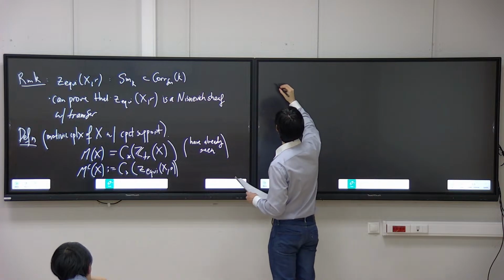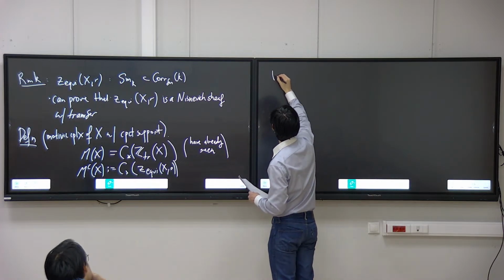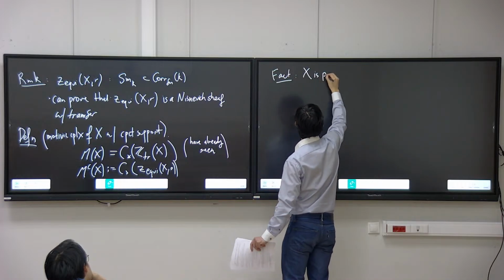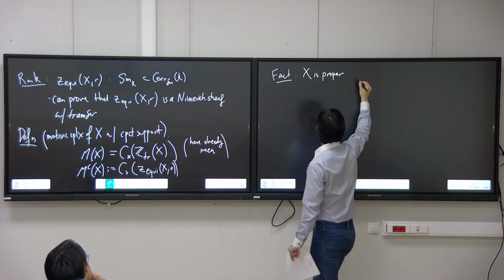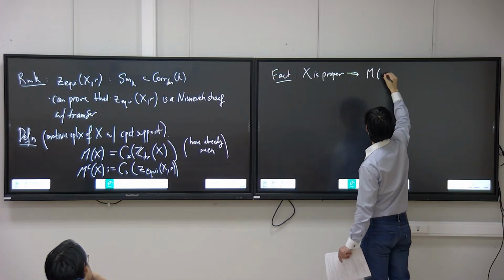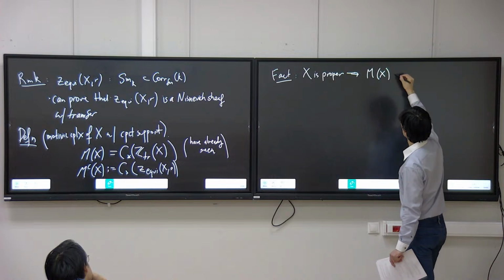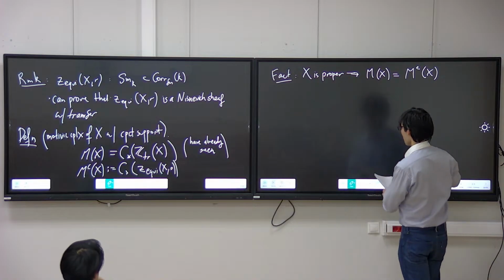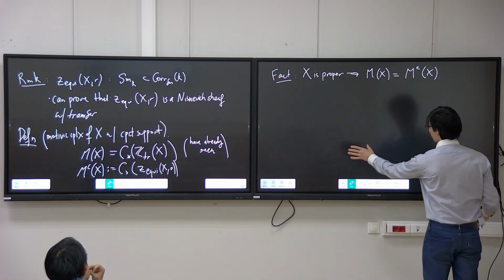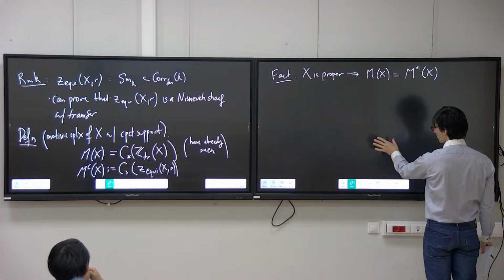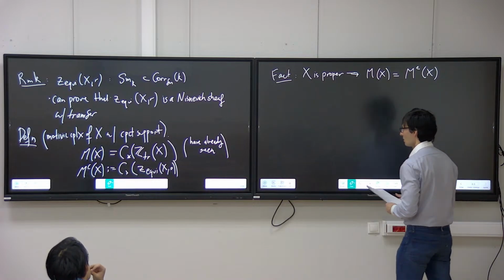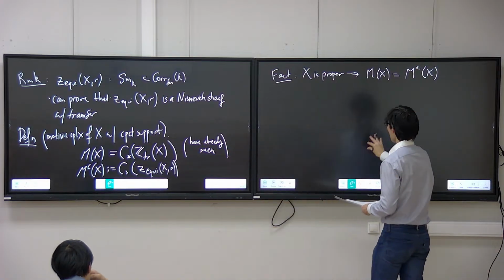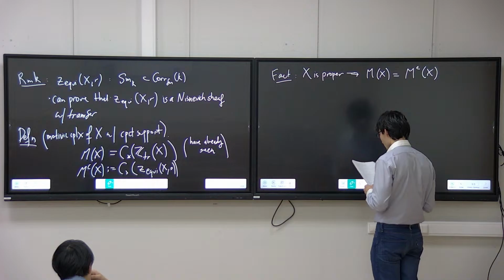A natural thing to check is the following. Let me write it as a fact. If X is proper, then the motivic complex attached to X is the same as this MC of X. That basically comes down to what I wrote before, that finite corresponds to quasi-finite and proper. You just need to write out the definitions and see that it follows immediately.